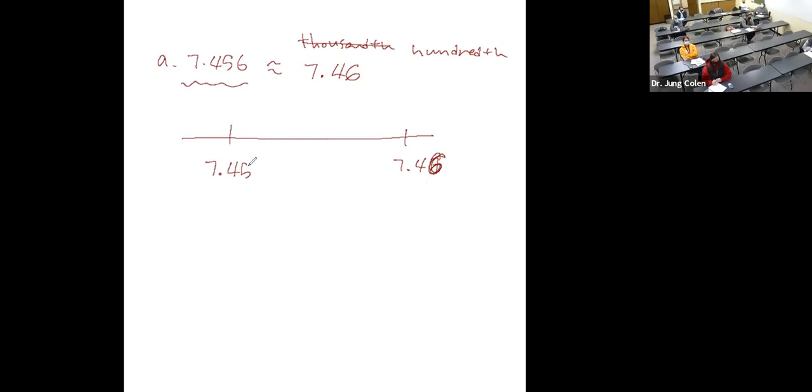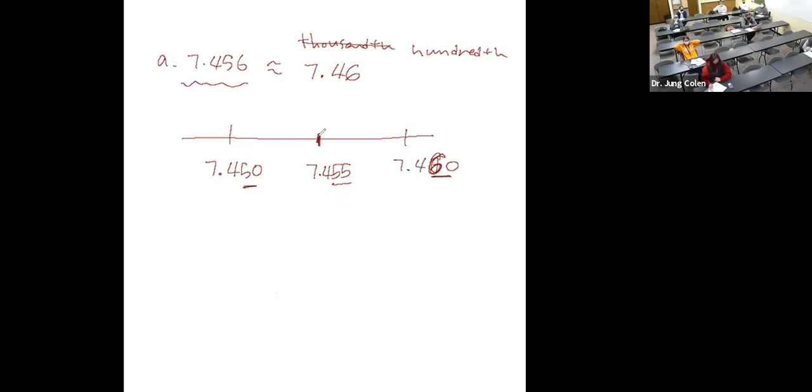Because this is 7.450 and this is 7.460, right? Where does 7.456 go? What's right in the middle? Right in the middle, 7.455. Between 50 and 60 is 55, right?